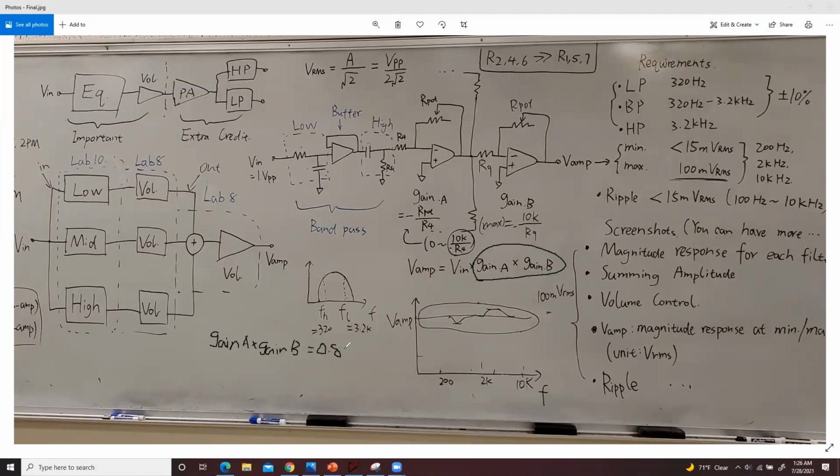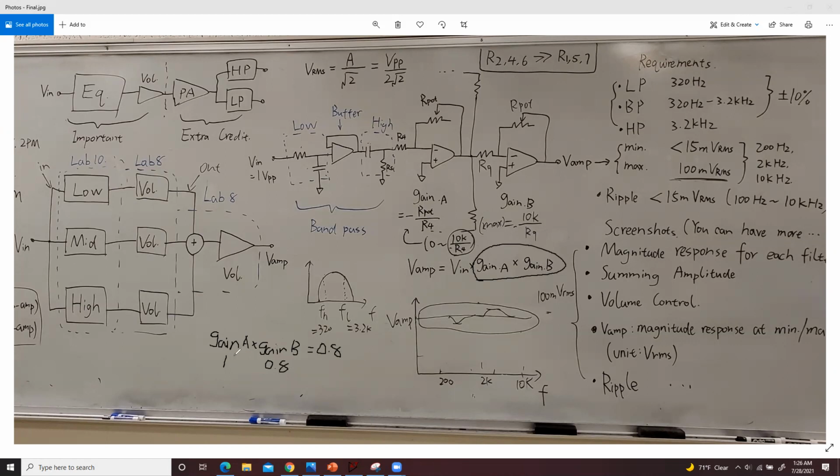This is just an example, remember, this is not the result. In that case, what you can do is define gain A as 1, gain B as 0.8. Then you can plug back to this equation.